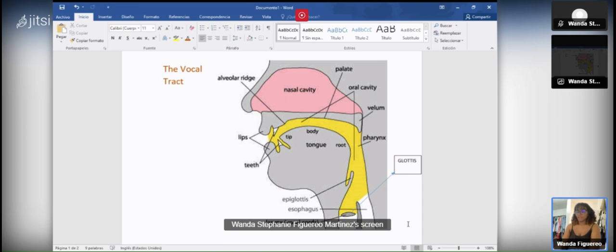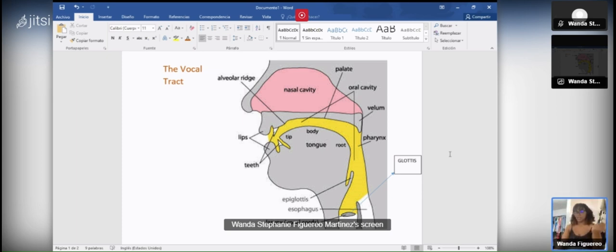They are joined at the front of the larynx at the level of the Adam's apple and are capable of movement horizontally. The glottis is the space between the vocal cords, as we can see here, and I have pointed it out already.